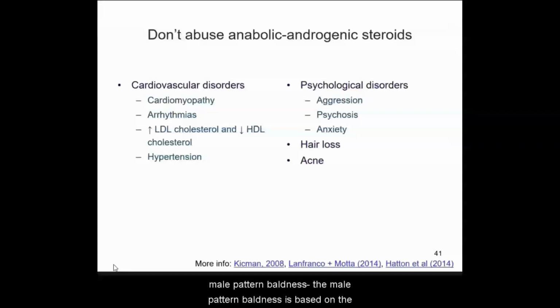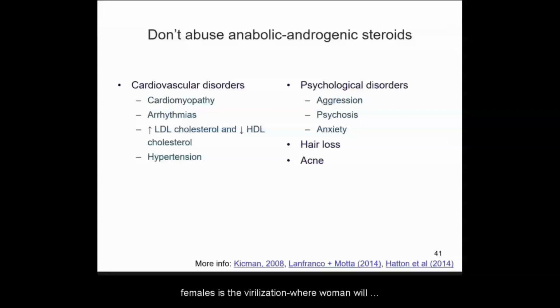The male pattern baldness is based on the levels of testosterone, and as testosterone increases in women who abuse anabolic steroids, the male pattern baldness will often arise, and again, completely irreversible. And another thing with the abuse of anabolic steroids in females is virilization, where the women will have a lowered voice. And of course, acne is another side effect.